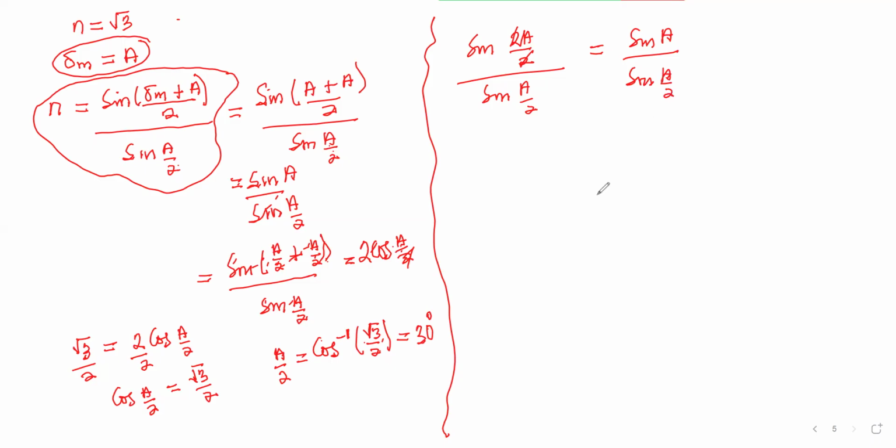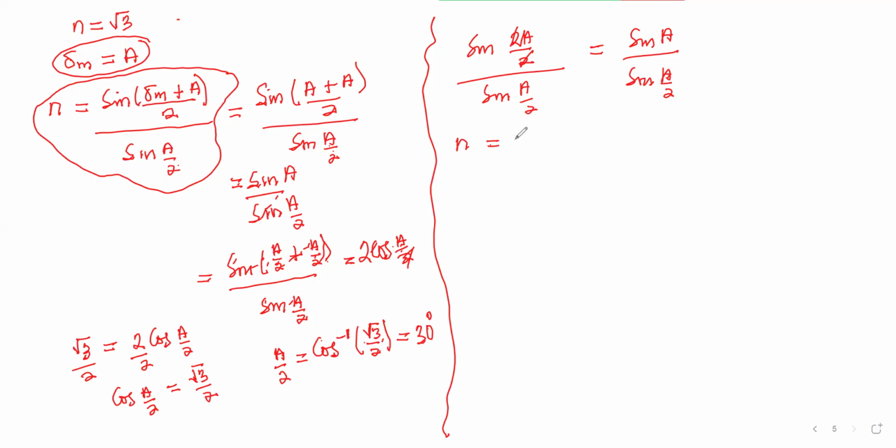Please note that this is trigonometry. A and A cannot cancel out, but you have to manipulate the numerator. Of course, I know 1 is equal to half plus half.